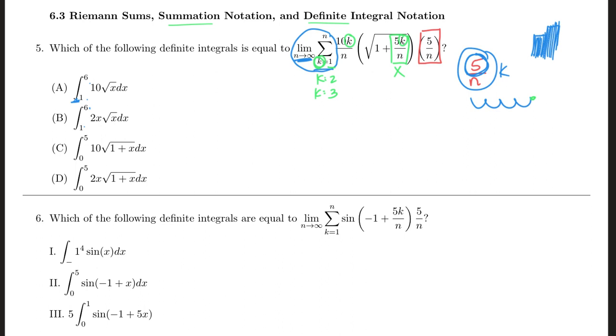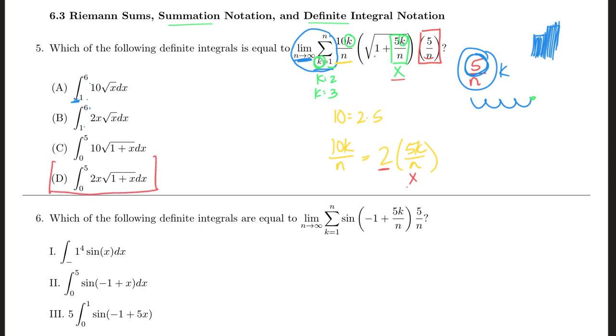And then 10k over n isn't exactly 5k over n, but 10 is 2 times 5. So 10k over n is 2 times 5k over n. The 5 over n is the interval length, and k is how many steps you've gone. That's going to be the replacement for your x. So we're going to have the 2 and the x, 1 and an x, and then this is just the width, so that goes away.